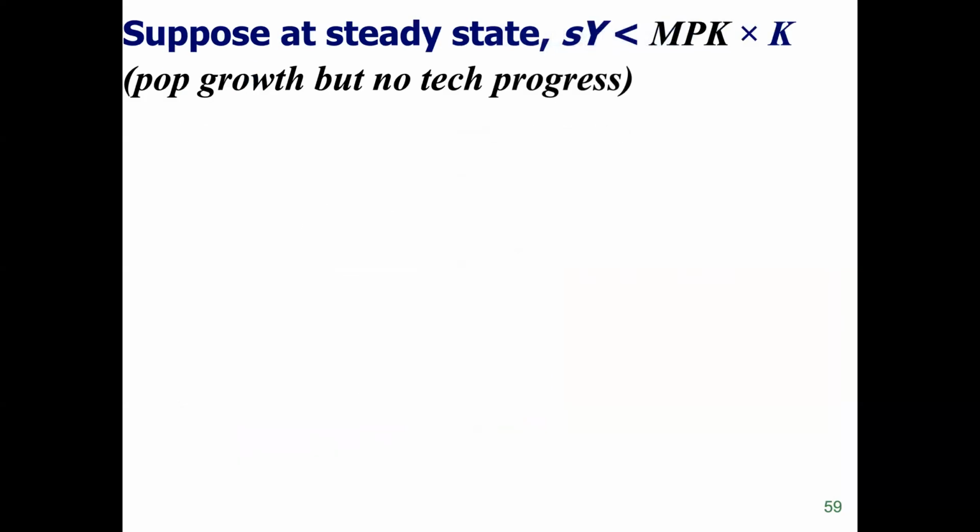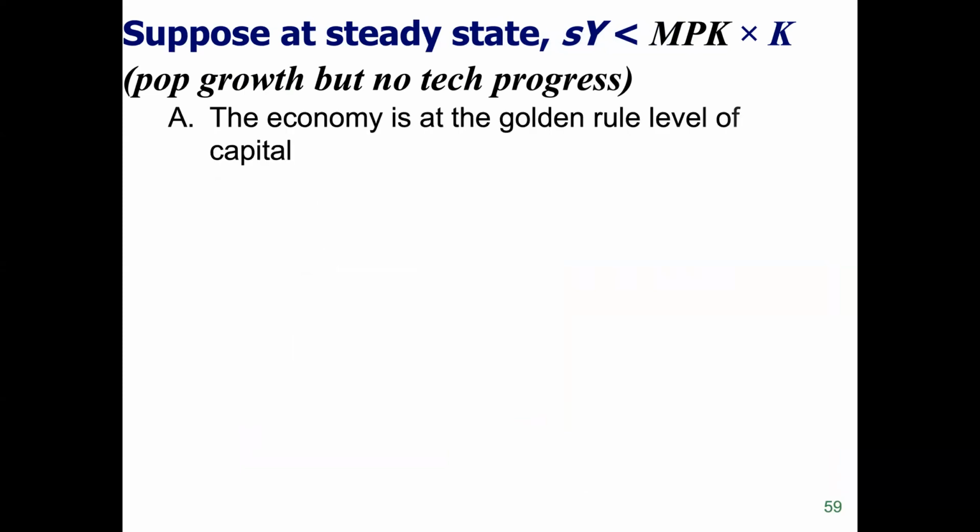Okay, so let's do a bit of a clicker question here. Suppose you're at a steady state, and the level of investment is less than marginal product of capital times the capital stock. We have population growth, but no technological progress.